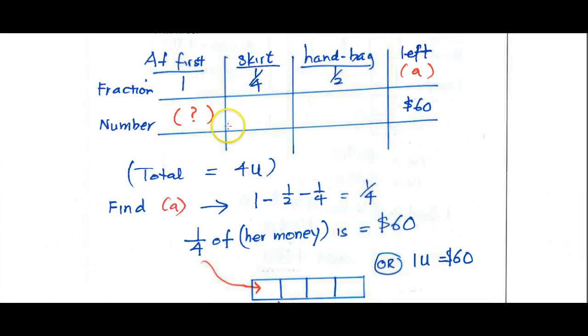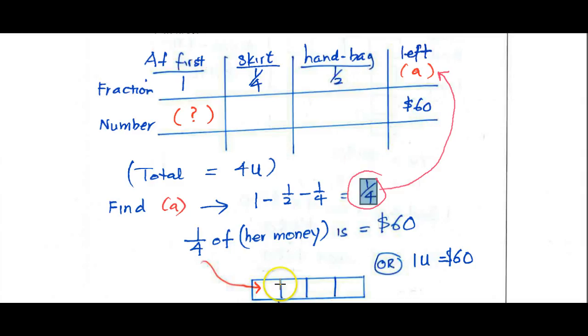Total there are 4 U's because we take how much money she has in fraction, take away the money she spent on handbag and skirt, and she should be left with a quarter. Now remember this quarter. This quarter here is the same as here. It means a quarter of her money is $60.